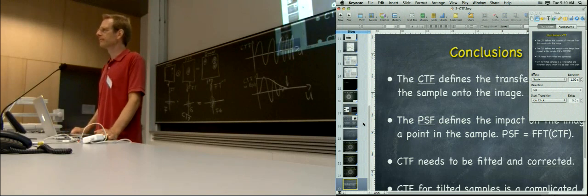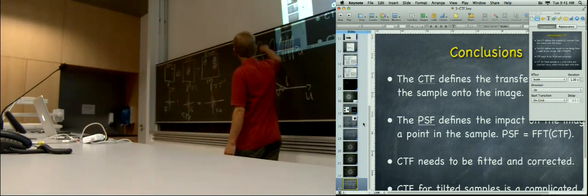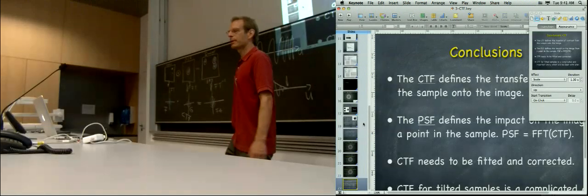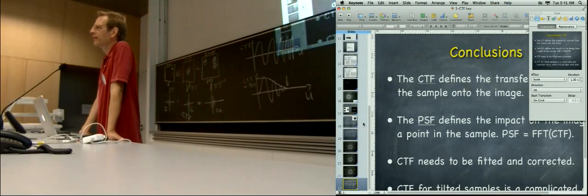When the CTF has complex values, how can you plot these complex values in the plot just behind you? You just take the cosine or the absolute value? So the CTF is only real. It's just between 0 and 1 and minus 1. Except if you have beam tilt, then it becomes a complex valued function.